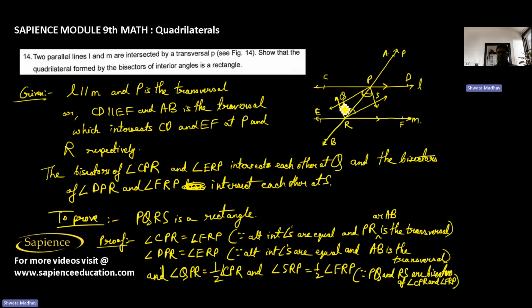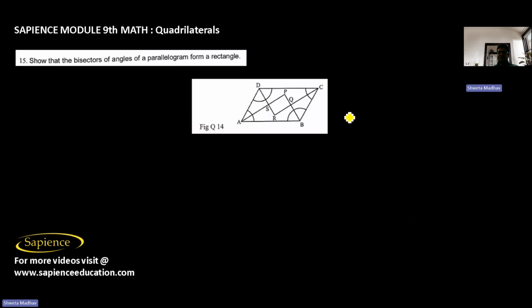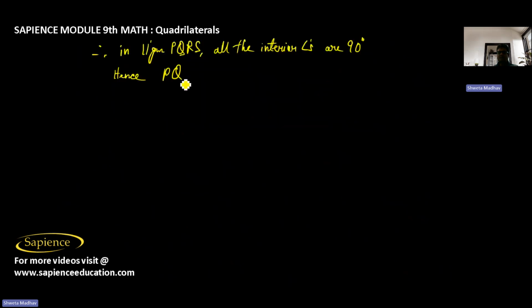And since angle R is a right angle, angle P also will be a right angle. So all the interior angles are right angles, and it is a parallelogram also. Hence PQRS is a rectangle. Hence proved.